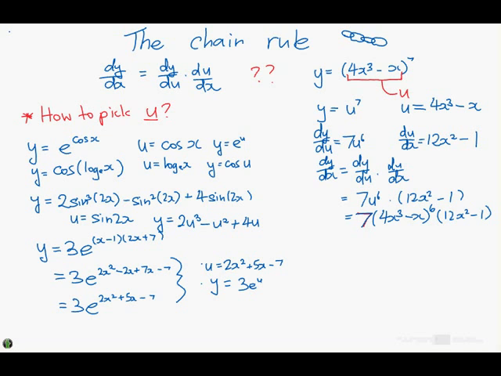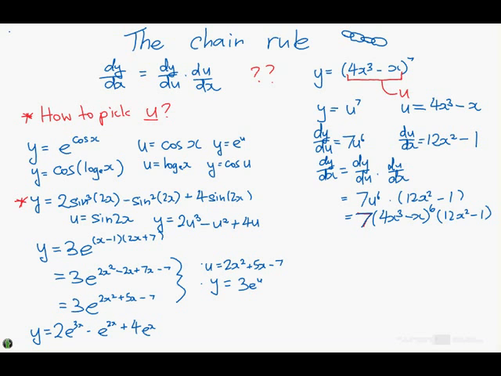One last little thing. What if I have y equals 2e to the 3x minus e to the 2x plus 4e to the x? What does this look like? This one looks just a little bit like the previous one, doesn't it?